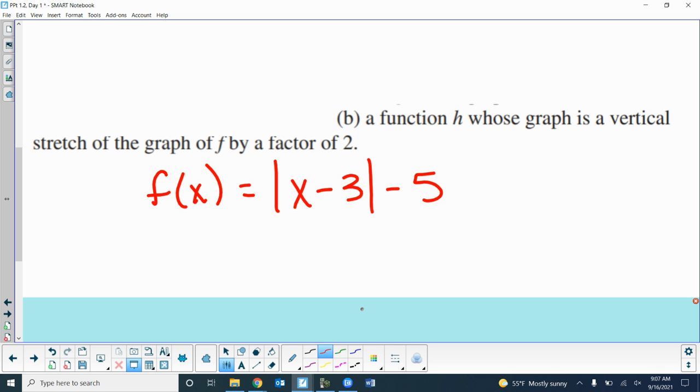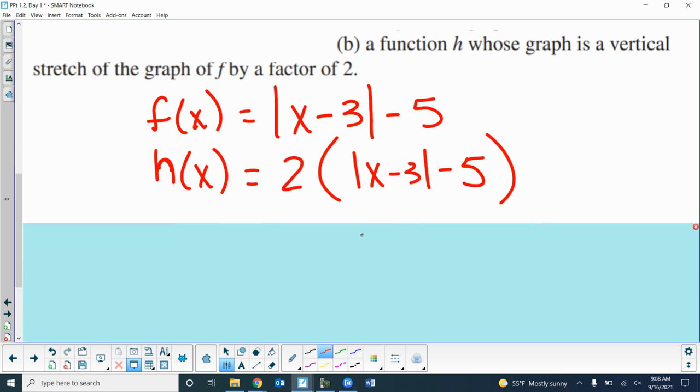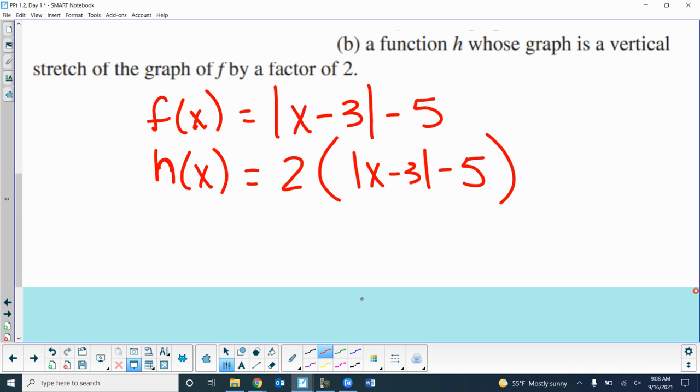So we're going to go, what does it say? Function h. So h is going to be 2, all right, times the whole thing. Okay, when it's vertical, so it'll just be 2 in front. You don't go inside.